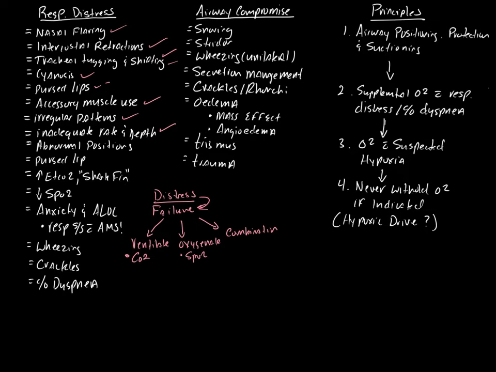So what rate and what depth, when would we take over breathing? When would we institute positive pressure ventilation on somebody? When they're failing to ventilate or oxygenate. Yeah. So there's no hard line that we can draw. I can't tell you if it's greater than 24, you just need to bag them. There is no hard line in the sand.